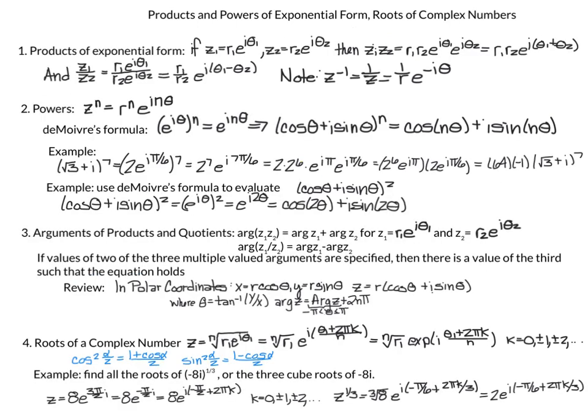To summarize what we have covered in this video, we talked about products and powers of the exponential form of complex numbers, as well as roots of complex numbers. So first we looked at products of the exponential form of complex numbers.